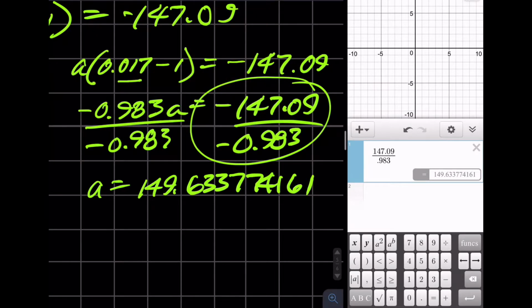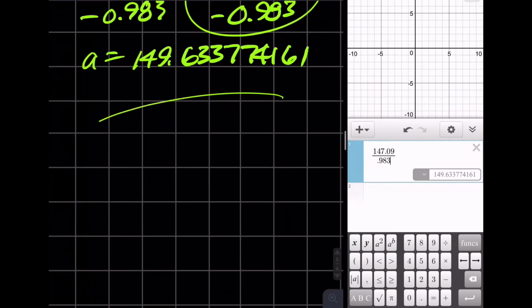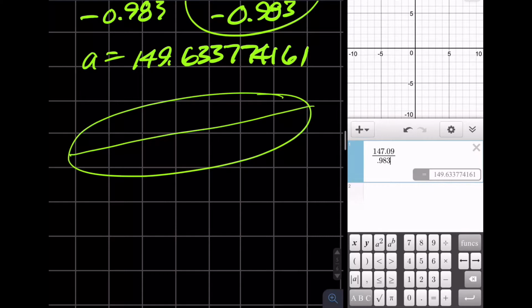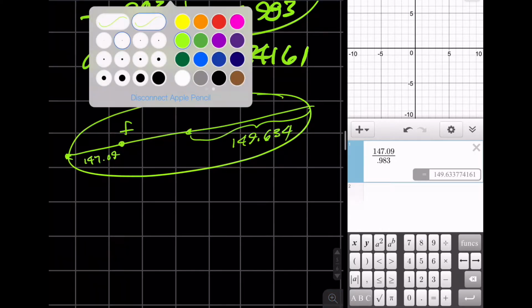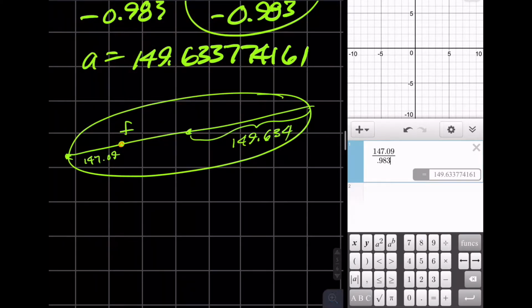But if we go back and look at the diagram, this is my focus, this is my endpoint, this was 147.09. I figured out my A value was 149.634. But what I remember, what I wanted to calculate was this distance. Here's the sun. I want to know the distance that the Earth is from the sun when it's at its farthest point away.